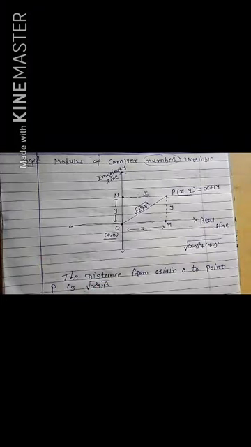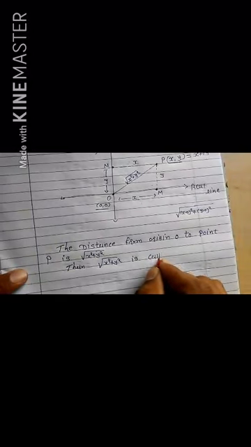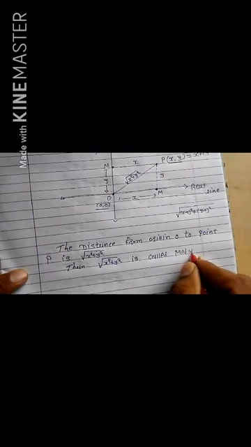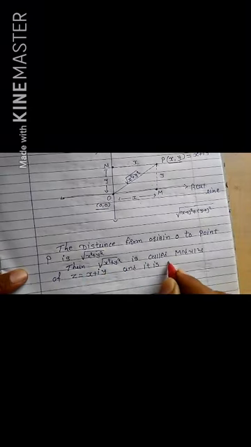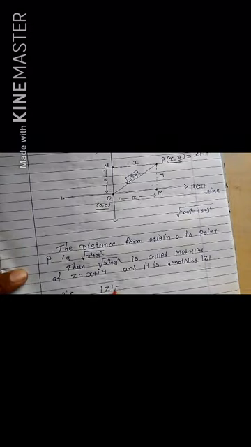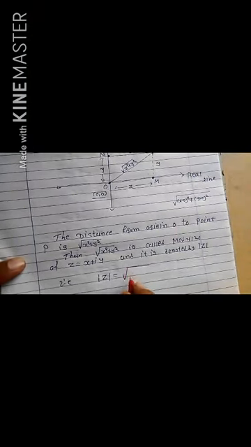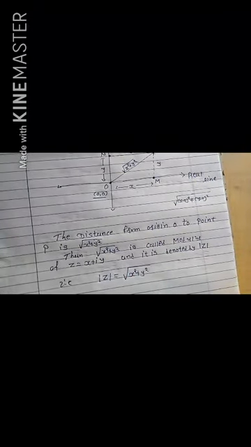Then the square root of x square plus y square is called the modulus of z equal to x plus iy, and it is denoted by mod z. That means mod z is equal to the square root of x square plus y square.